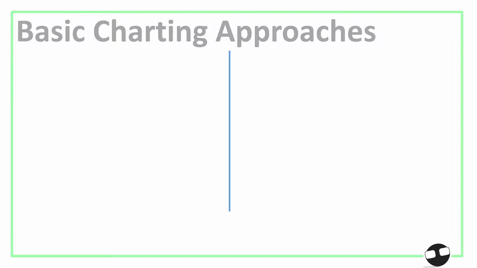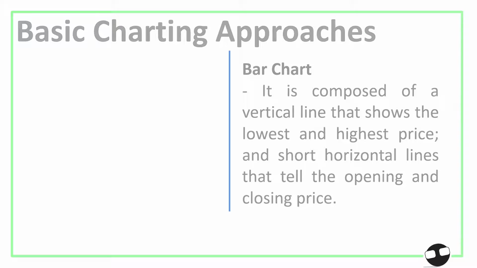Now here we have the bar chart. It's composed of a vertical line that shows the lowest and highest price, and short horizontal lines that tell the opening and closing price. So here we are using the lowest price, highest price, open, and closing price.